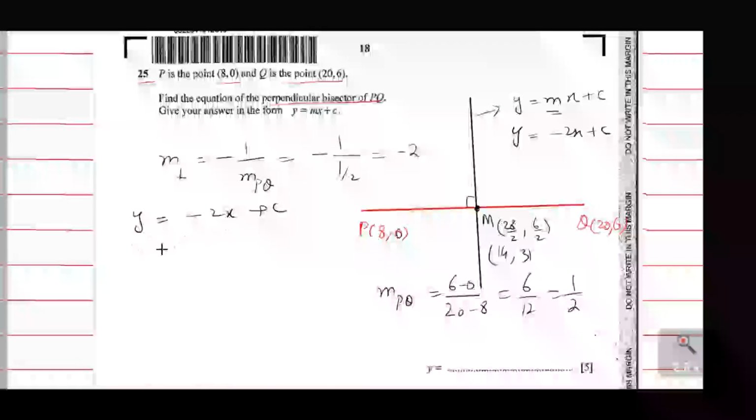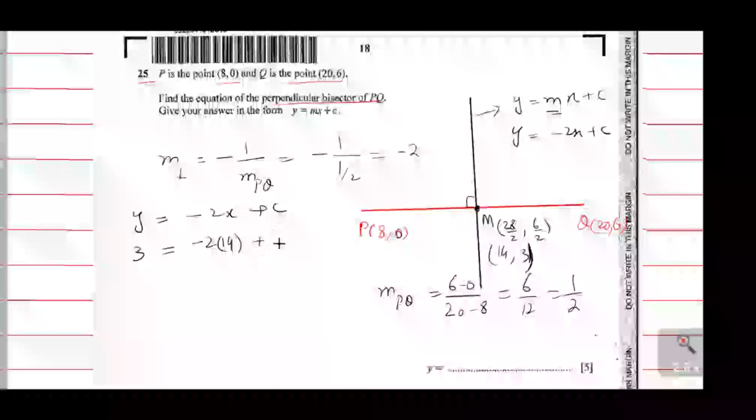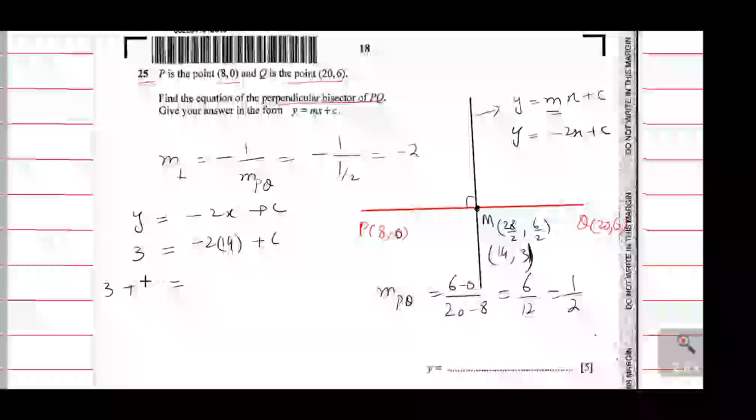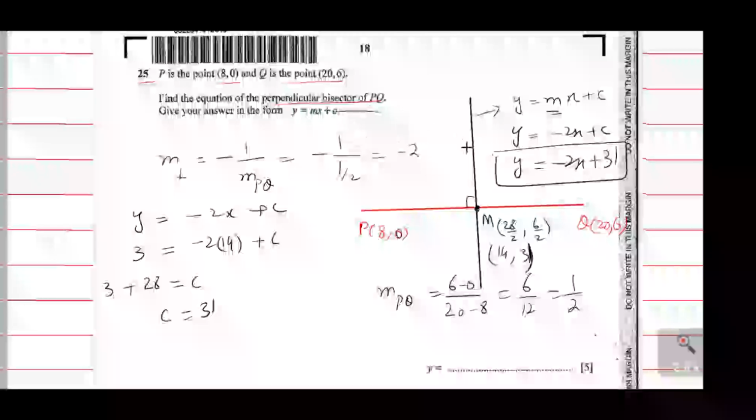Here y is 3 and x is 14. We write minus 2 times 14 plus c, and this will be equal to 3, plus 28, and c will be equal to 31. Therefore, this equation becomes y equal to minus 2x plus 31. This is the equation of the perpendicular bisector, and this is the answer, y equal to minus 2x plus 31.